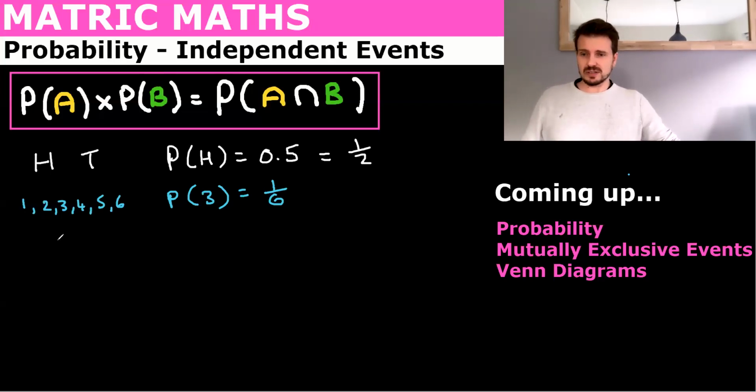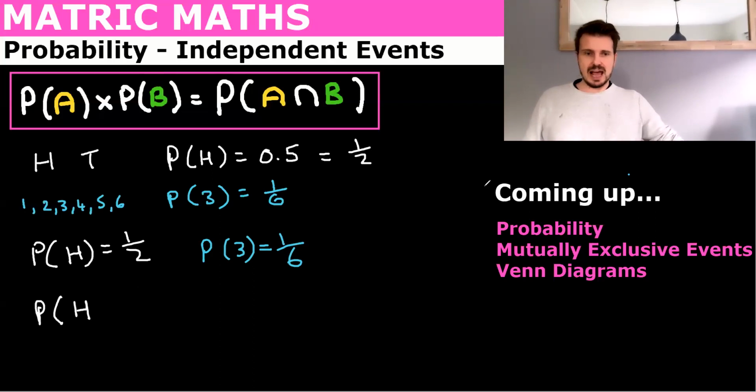So what I could say is, okay, the probability of A, let's call that a head, was equal to a half. And the probability of the 3 was equal to 1 over 6. And because they're independent, I can say that the probability of a head and a 3 is equal to, we multiply them together, a half times a sixth.